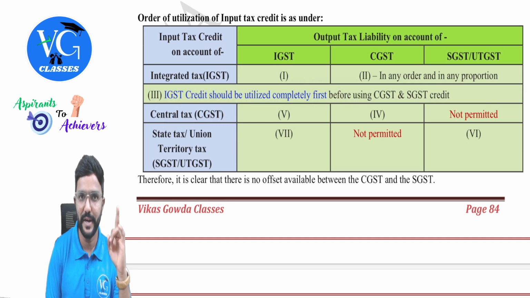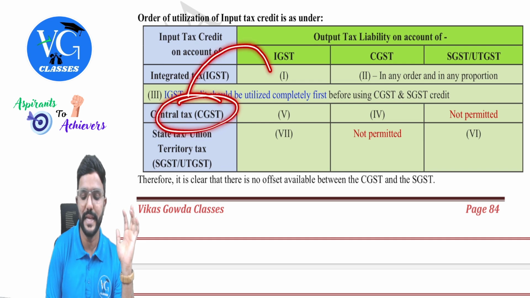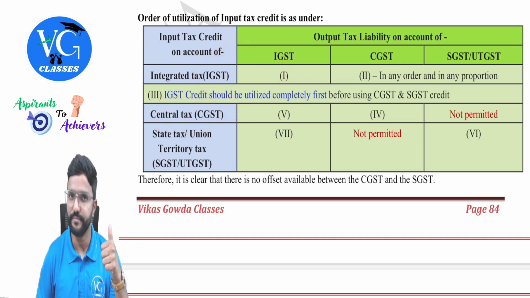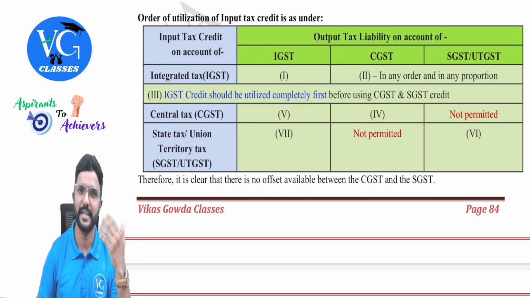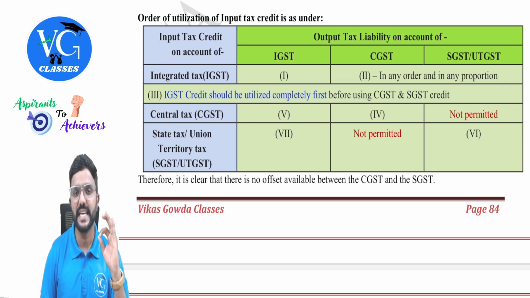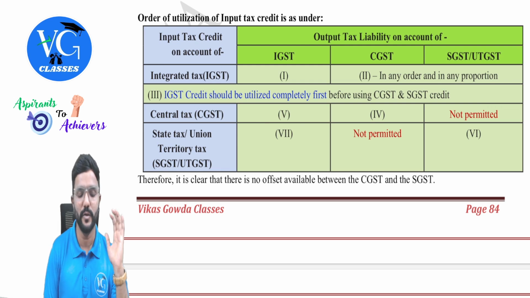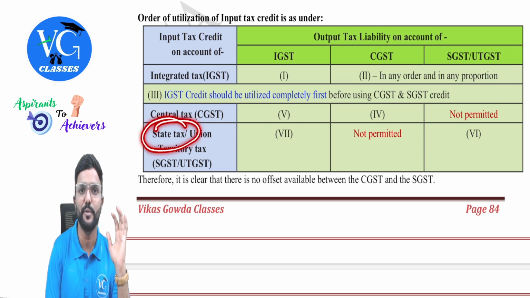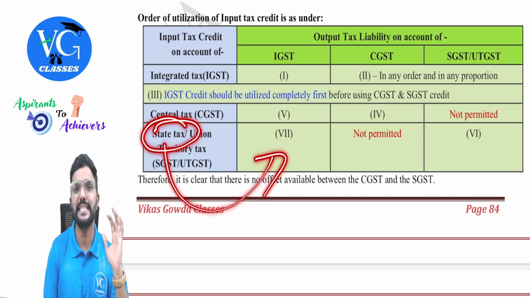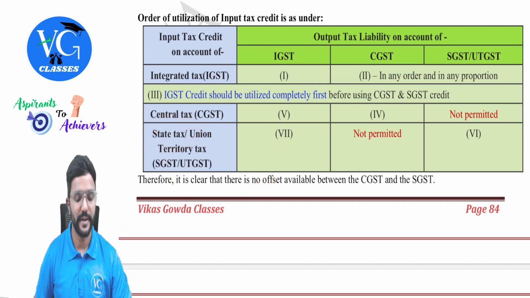An amount equivalent to the credit utilized will be transferred from the CGST account to the IGST account. Got it? Yes. And the last one also, same way. Sir, what if SGST credit is used to pay IGST liability? An equivalent amount will be transferred from the respective state government SGST account to the IGST account, guys. Yes, sir. Fine. We'll continue.